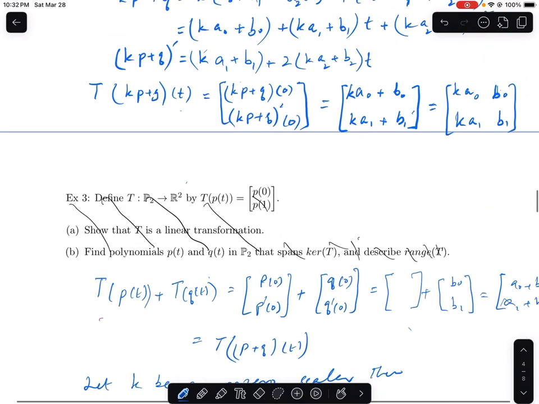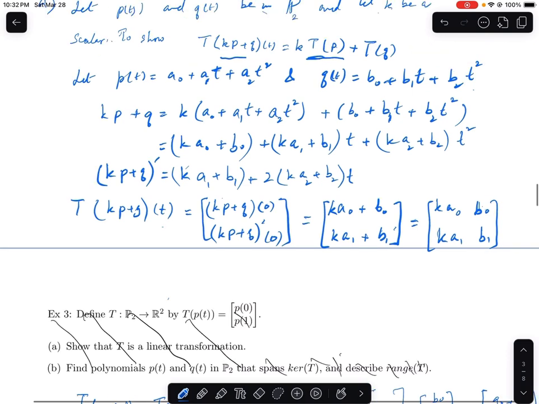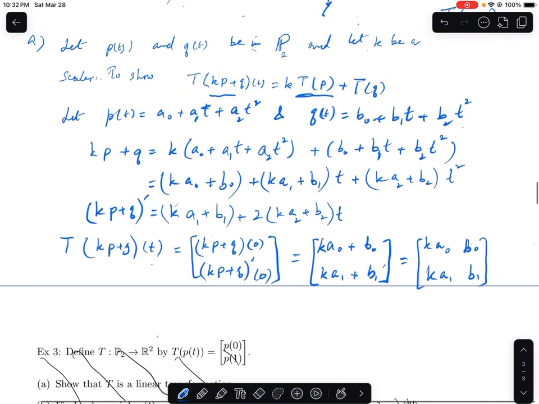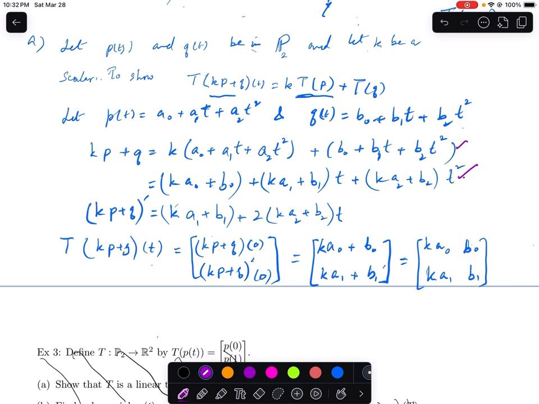So now when I find kp plus q, I get this result. I have (k a0 plus b0) plus (k a1 plus b1) times t plus (k a2 plus b2) times t squared.